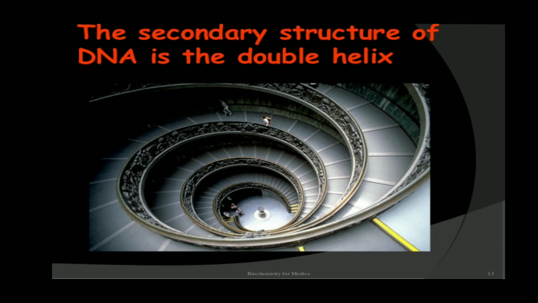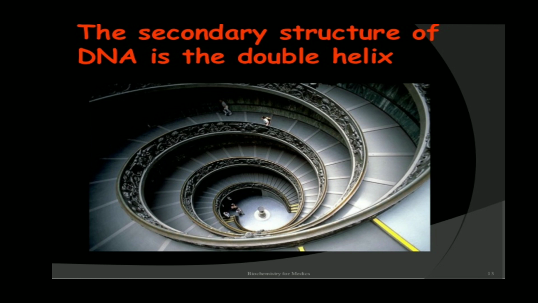Then we'll see this picture. Just imagine that this is the DNA, and this DNA is present in its secondary structure, that is called the double helix structure. Here you can see it gets coiled and coiled to form the helical structure, as it looks helical in shape. That's why it's called double helix.